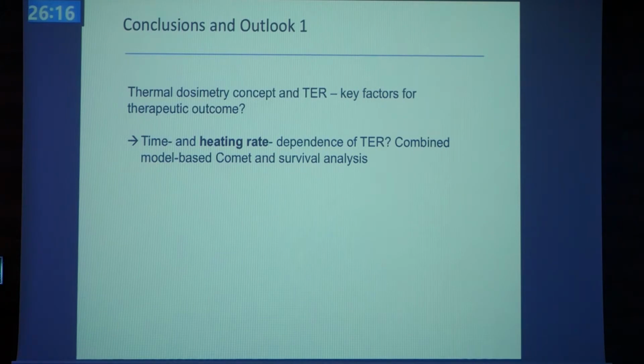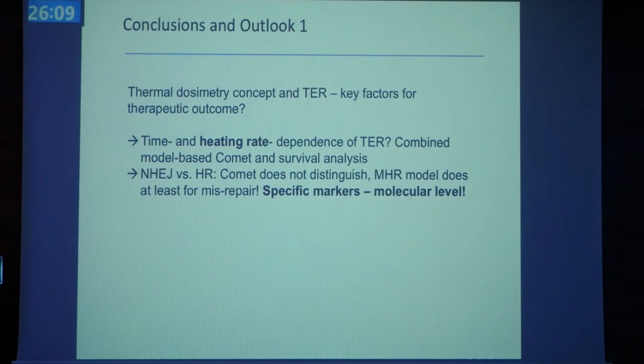So with the combined comet and survival analysis, we will do that in the next time. Comet does not distinguish between the different repair pathways. When we look at non-homologous end joining and homologous recombination, we need specific markers for that. We proposed a model which could be used for analysis, but in future we should look more carefully at that.